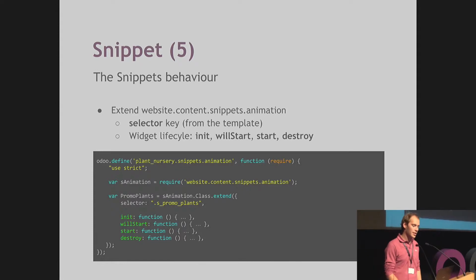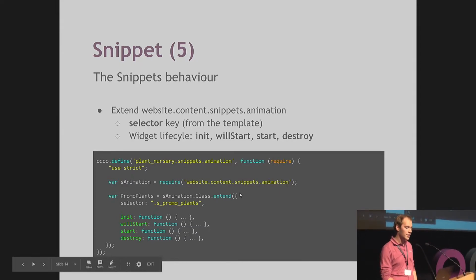And then this is the interesting part, how your snippet will behave. A snippet is actually an extension of a special JavaScript object called here content.snippets.animation.